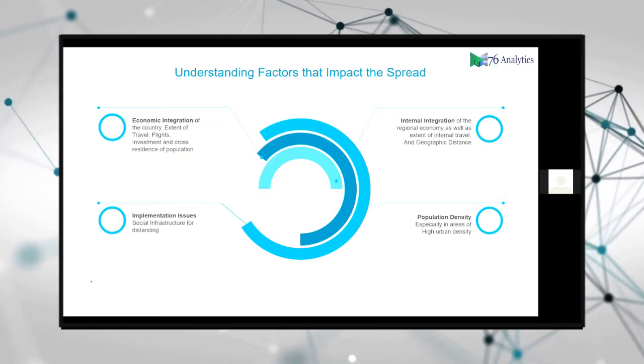Then what we say in simple statistical language is, can I multiply the probability of infection due to factor A and the probability of infection due to factor B, and then get a score or a rank which will say how infected a particular region or state will be? So at our end, we tried to identify about 4 issues which we felt were the key issues impacting the spread.